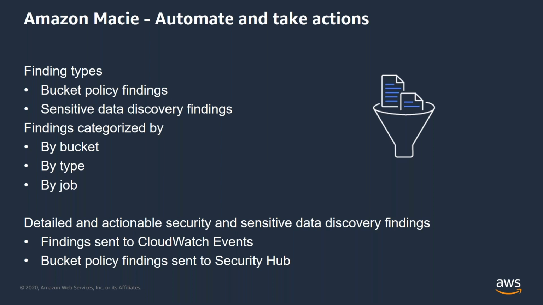We've heard use cases from customers where they would like to suppress certain findings. So we've actually given a lot of flexibility and extensibility when it comes to the user experience of handling these findings. Findings can be very easily categorized and filtered from a user experience standpoint, either by jobs that were run or executed, or by finding types, which are very easily identifiable based upon the built-in data identifiers or leveraging the custom data identifiers.